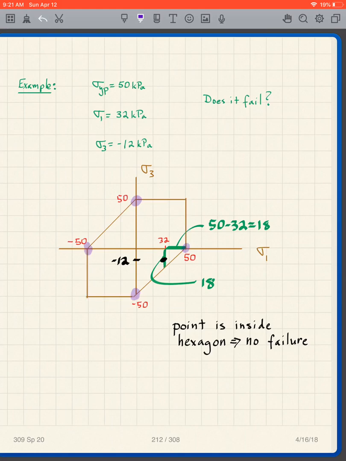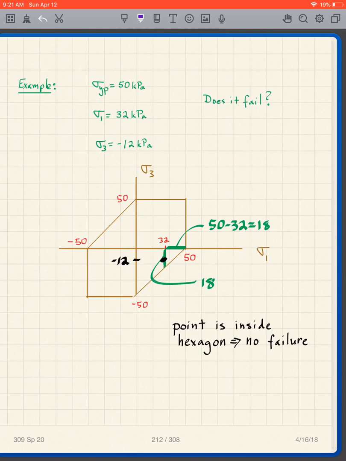And now I simply plot the sigma 1 is 32. So I come over here, 32. Sigma 3 is negative 12. I go down 12. And what do I see? I'm still in the hexagon, so it does not fail.